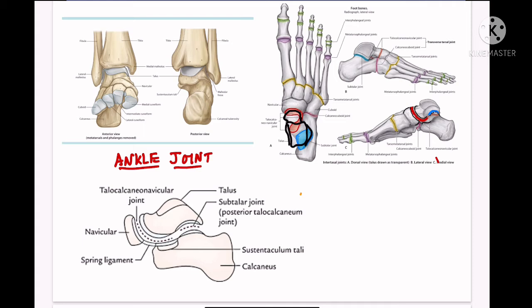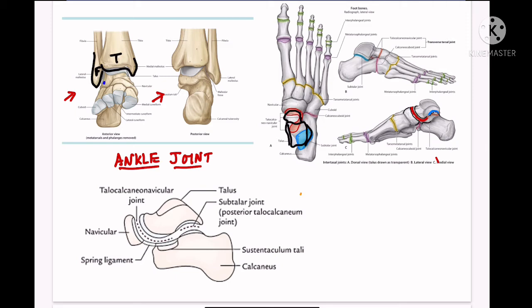The ankle joint, which has been shown in the arrow marked picture, is formed between the bones of the leg and bones of the foot. The bones of the leg, namely lower end of the fibula F and the lower end of the tibia T, form this ankle joint with the upper surface of the body of talus.